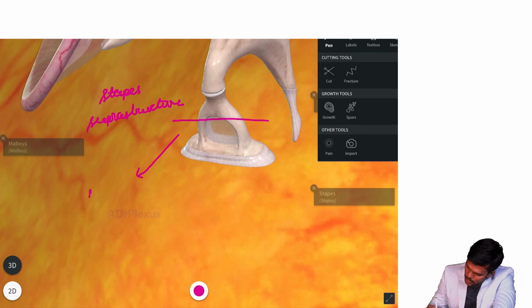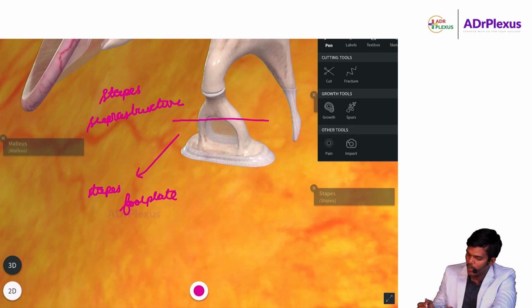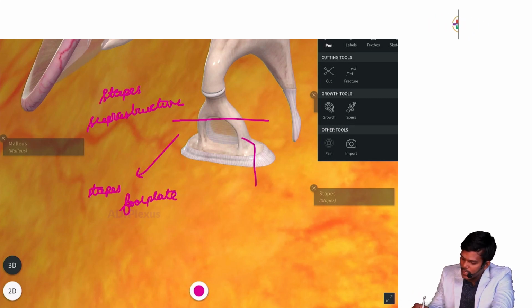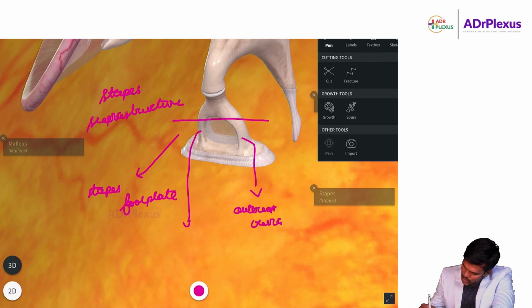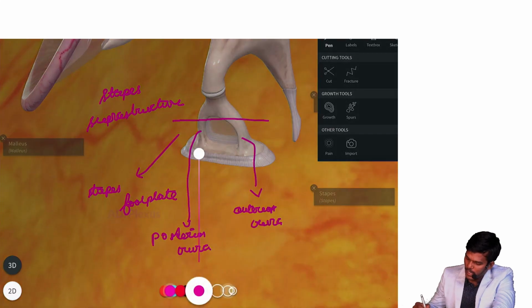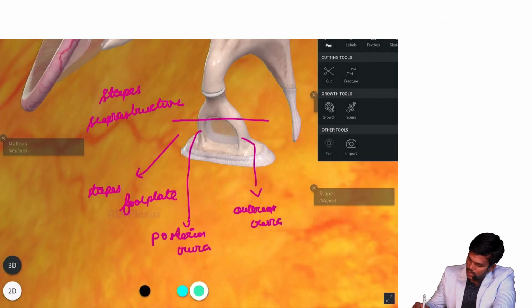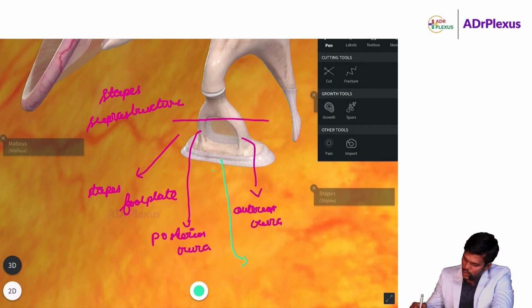This is the stapes foot plate. Okay, so the stapes foot plate will be having an anterior crura, posterior crura, and then an annular ligament.